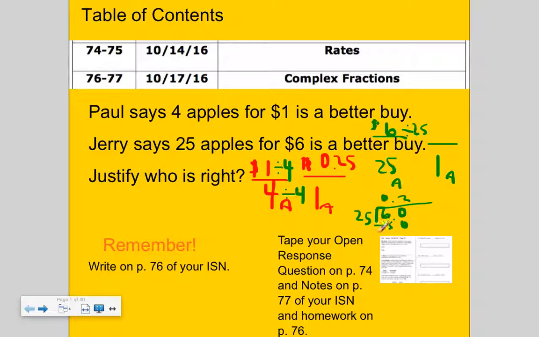60 minus 50 is 10. I add another 0 and bring it down. How many 25s go into 100? 4 times.